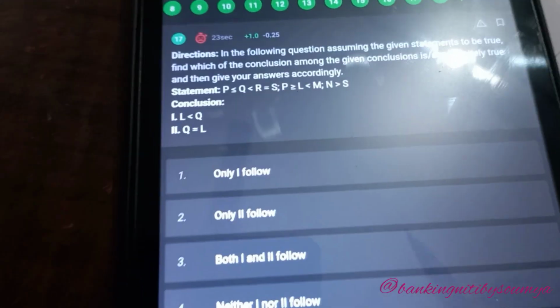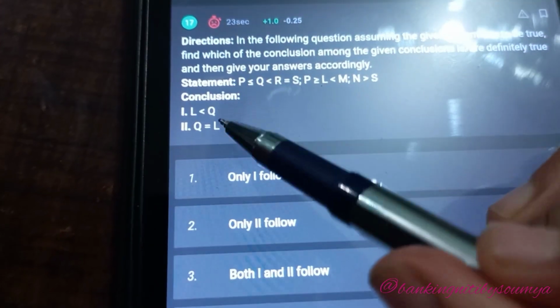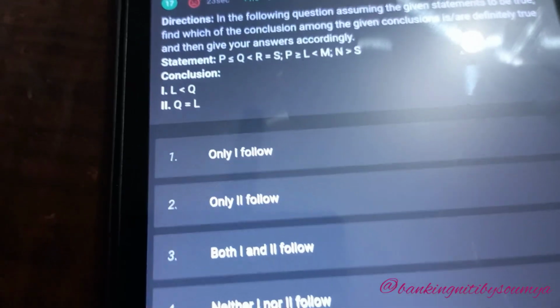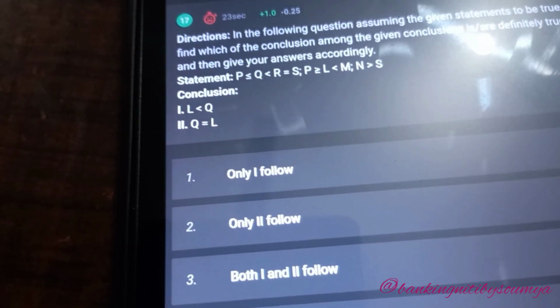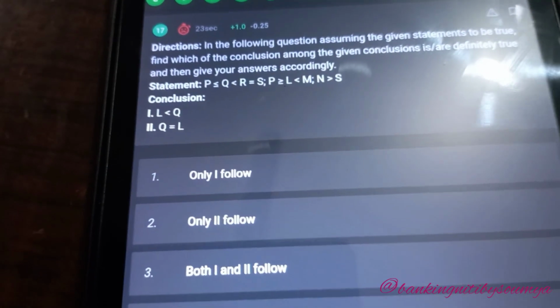Also, the conclusion has both the same elements, and the sign we use is either equal to or greater than according to the question. So let's move to the next question.